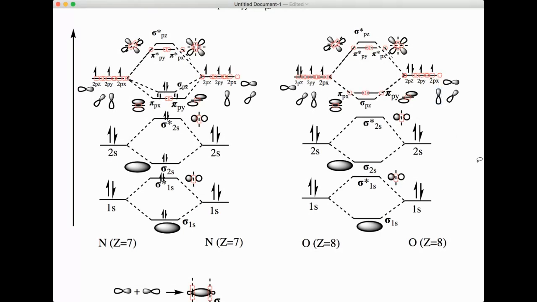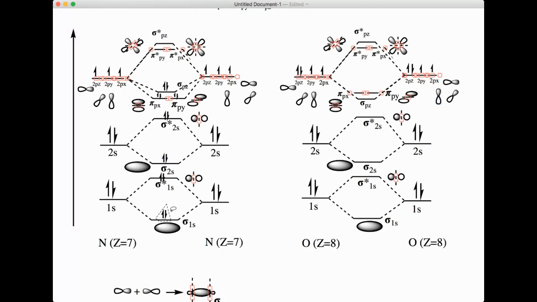So now, same question again, how many electrons should we place in the molecular orbital diagram of the O2 molecule? 16, 8 from each oxygen atom, right?